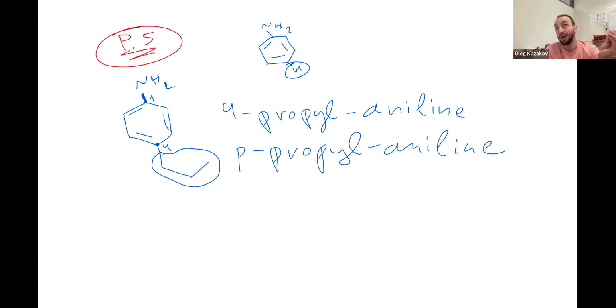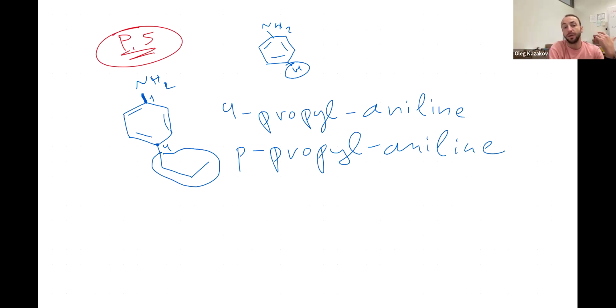You can imagine aniline, where N is attached to the benzene ring. The carbon that bears the C-N bond with the nitrogen from the aniline molecule will have number 1. Then we go down to carbon number 4, starting with carbon number 1.